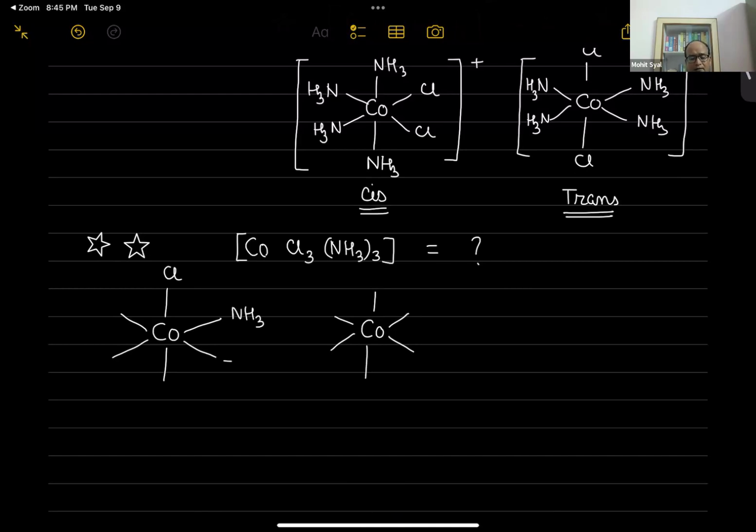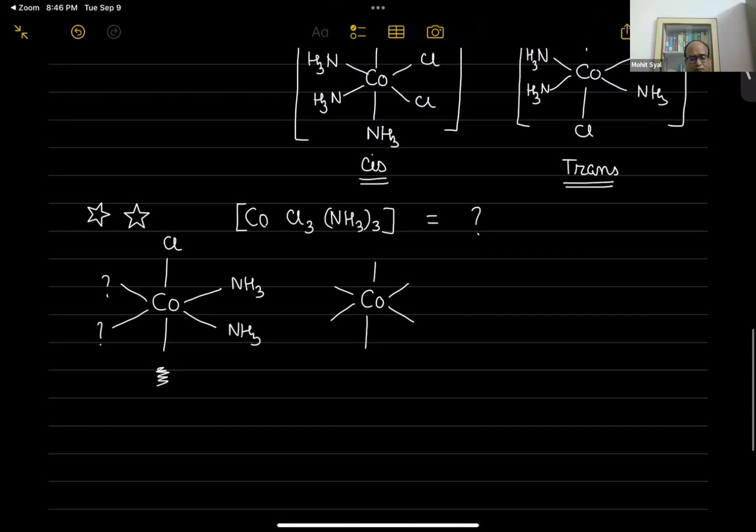In this place, first tell me this one. NH3. NH3, okay. At the bottom position Cl. Okay. This one, NH3. And the last one will be Cl, because we have 3 Cl. Okay, this is one of the isomers, right?